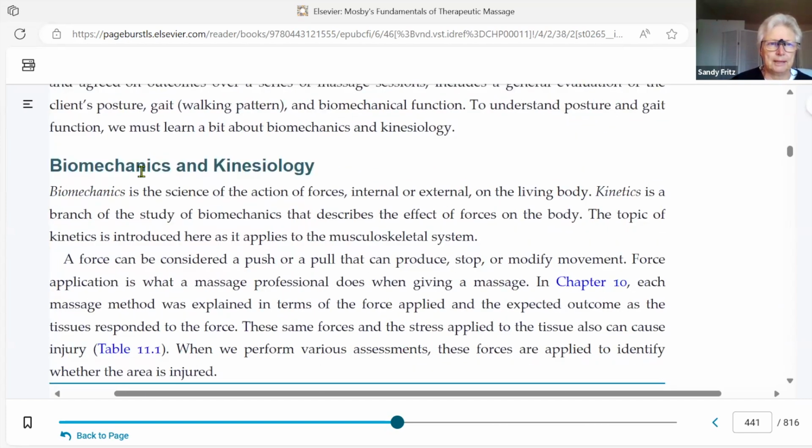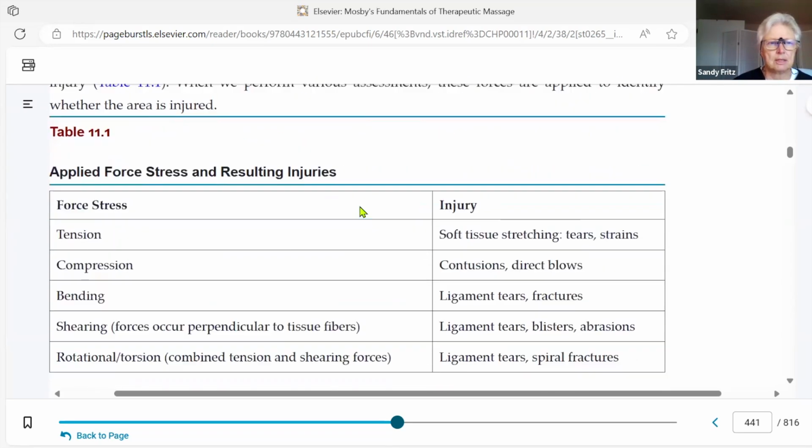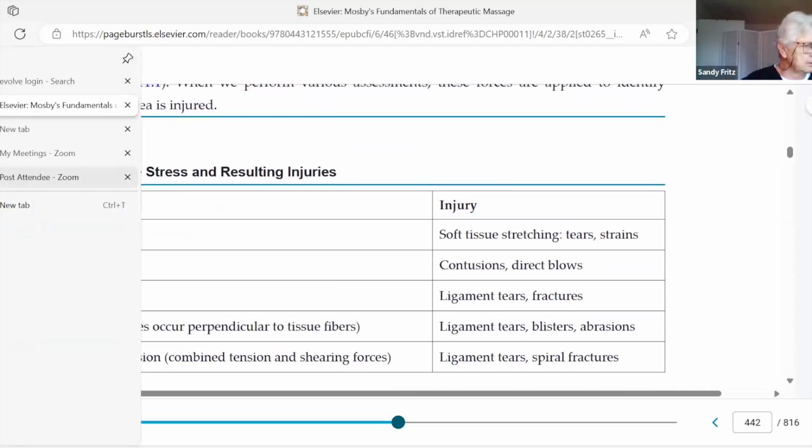So we have to know about biomechanics and kinesiology, and you have a whole chapter about that in Essential Science. And this is going to talk about applied forces, how tissues are loaded during massage. What is the result of that?